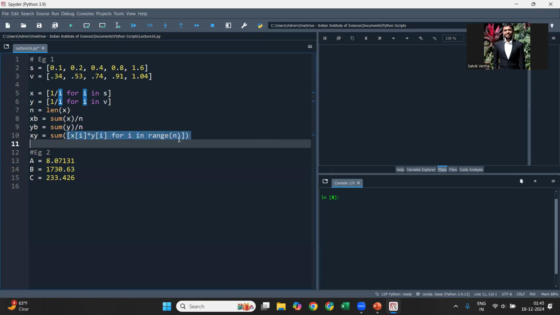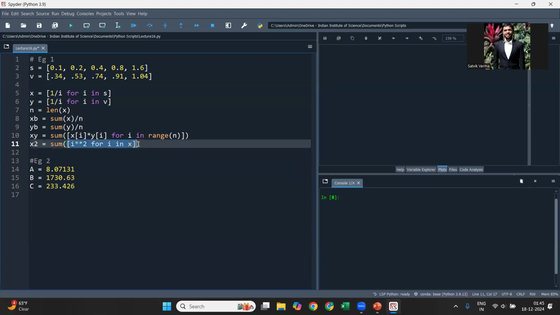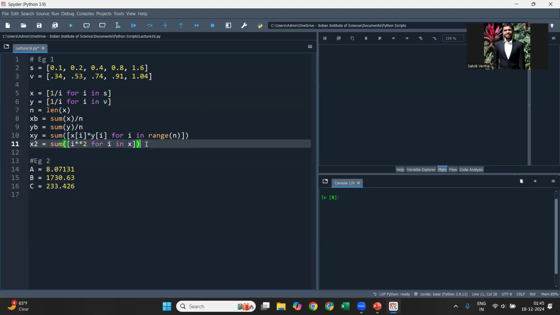And this thing creates the list while this command takes the sum of that list, right? So we've got that. Similarly, X square is simply I square for I in X. So this has created the list, but we don't want to store it. So we'll just put the entire list directly in the sum function, right?